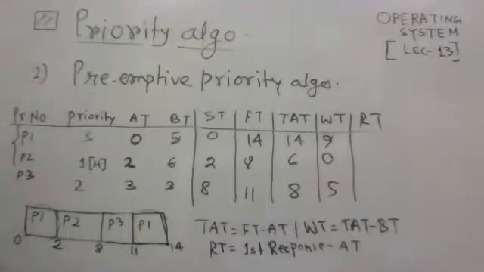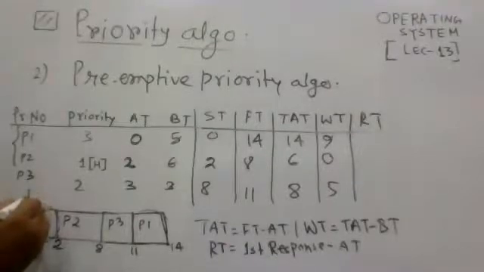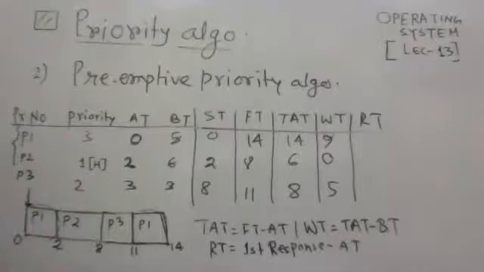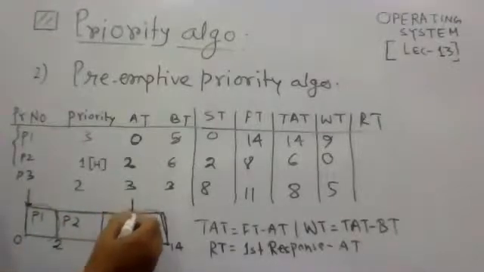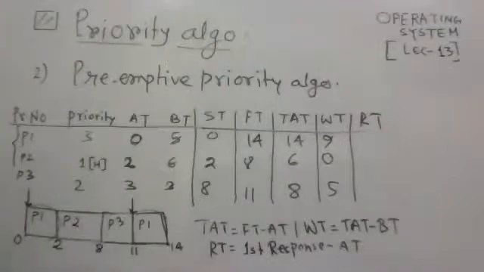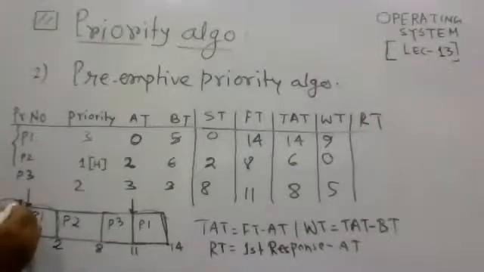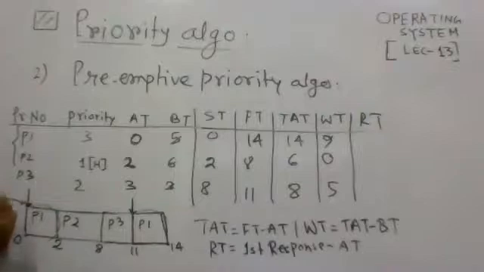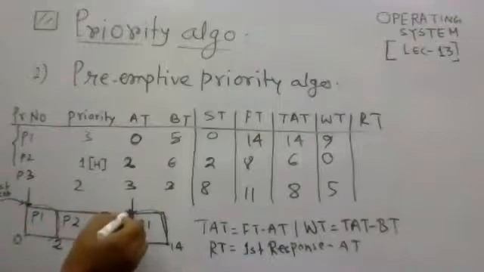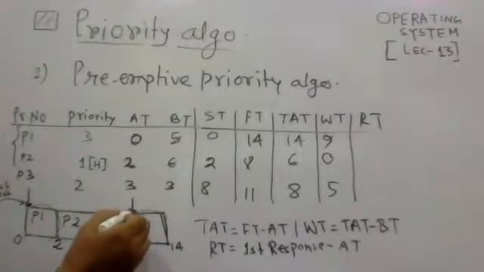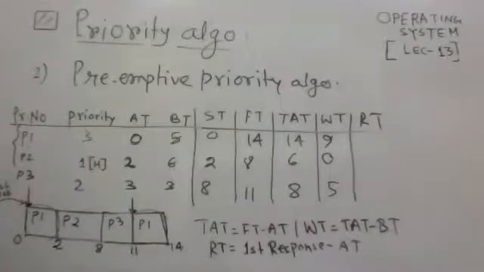In case of P1, the first response is at time 0 and the second response is at time 11. So this is called the first response, and this is called the second response for P1. In case of response time, we have to consider the first response minus arrival time. So first response 0, arrival time also 0. So this is 0.